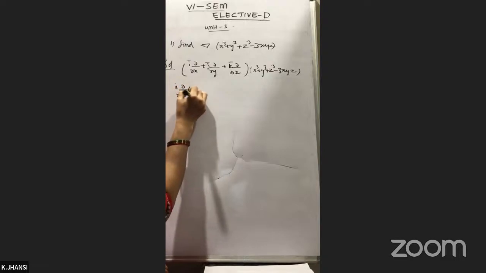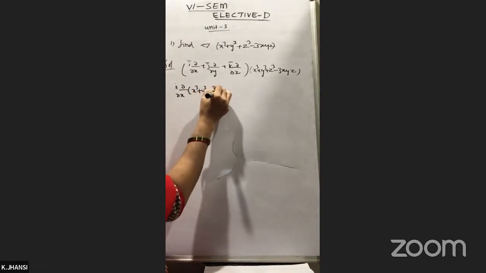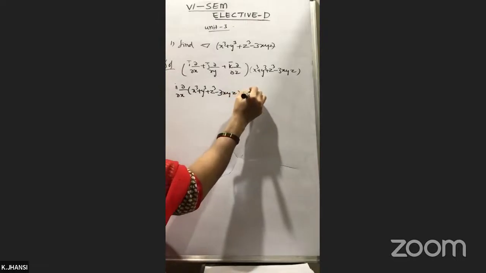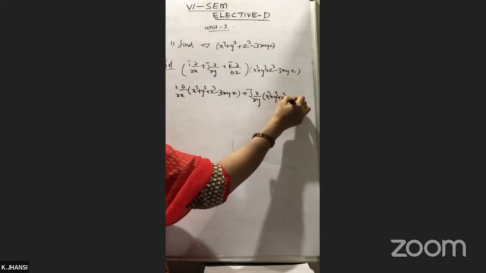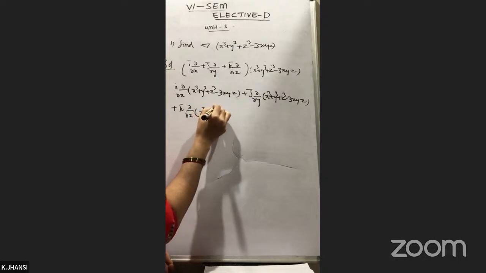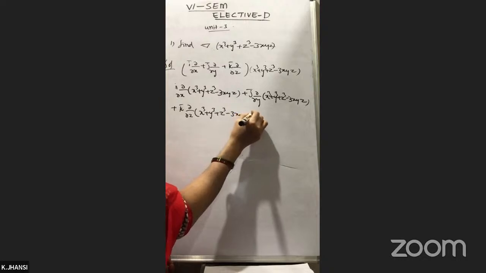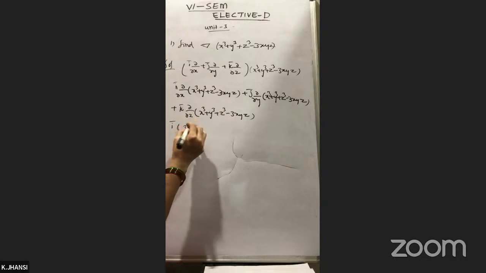That is i dou by dou x of x cube plus y cube plus z cube minus 3xyz, plus j dou by dou y, plus k dou by dou z of the same. Now with respect to x, x cube will become 3x square, the y and z terms are 0, minus 3 yz.